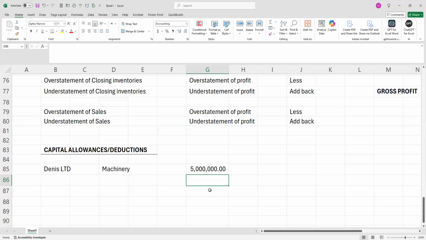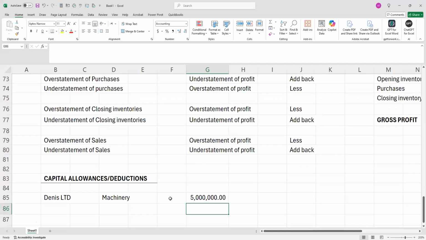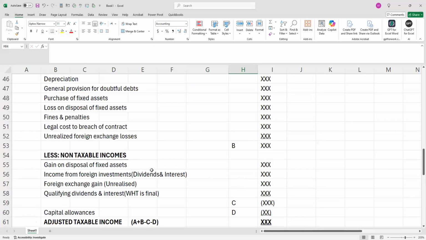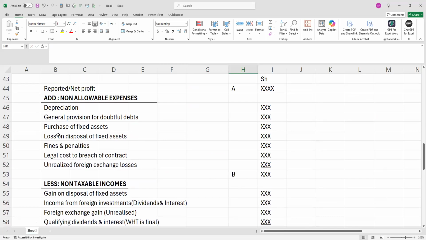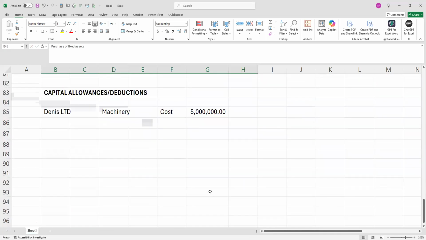Remember, this is a cost. This cost of this machine, the taxman has told you not to deduct. And that's why we said this is a non-allowable expense, purchase of fixed asset. But the taxman will come and tell Dennis, you know what?